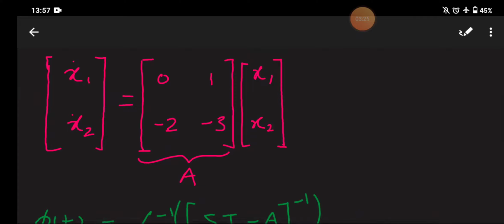Here we have a 2 by 2 matrix, so we will have a 2 by 2 identity matrix.